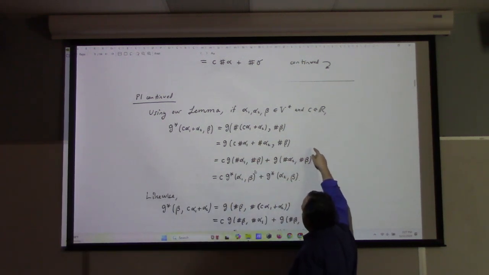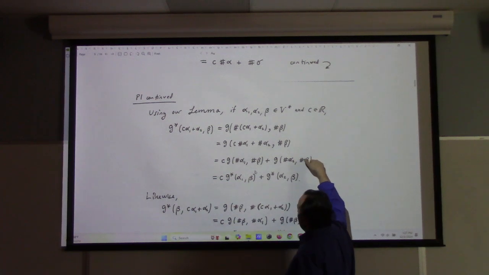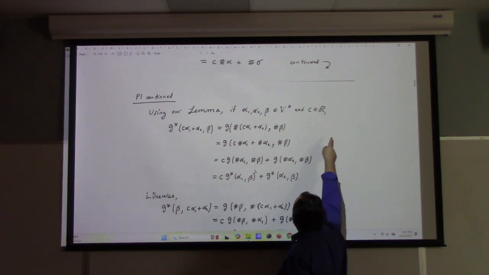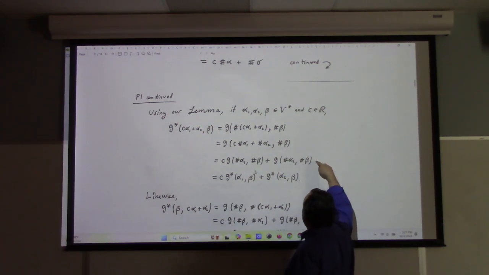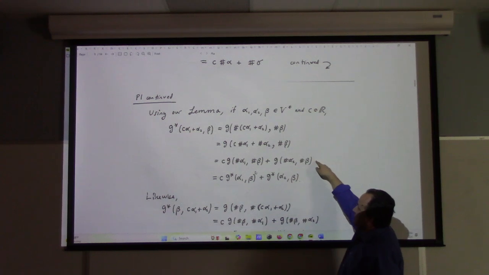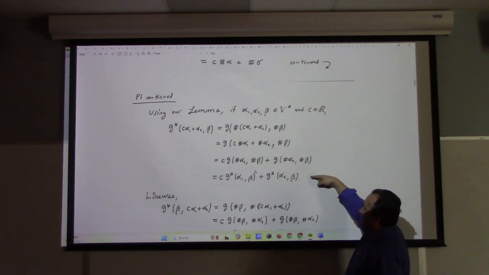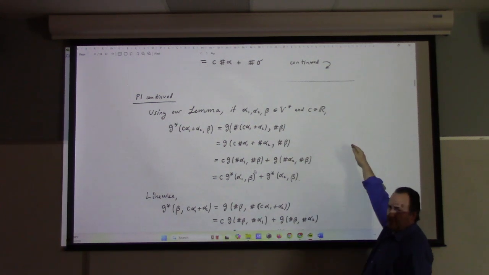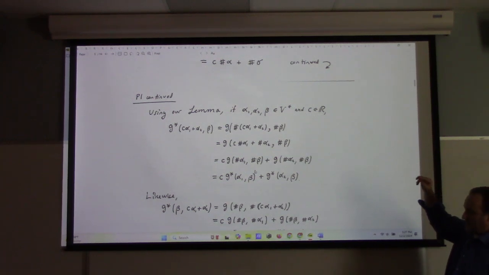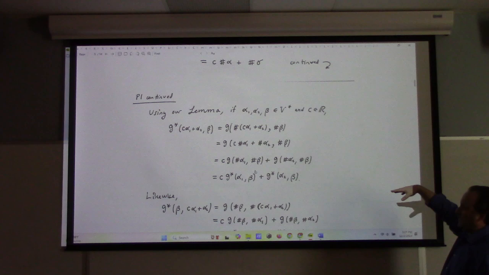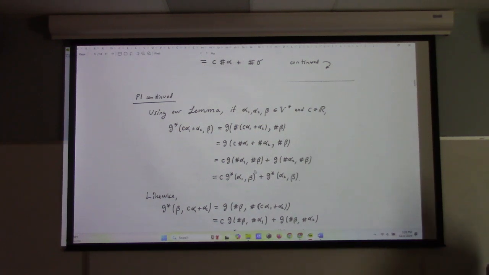So going from here to here, I should take a point off my solution, because there really should be some comments over here like bilinearity of sharp, and then going from here to here by the bilinearity of G, I can do this, right? And then the definition of G dual for the final step. I usually put the qualifying statements over here, and me not doing that, don't read too much into that. I'm just getting lazy. I would like to see those kinds of comments for the best solution.